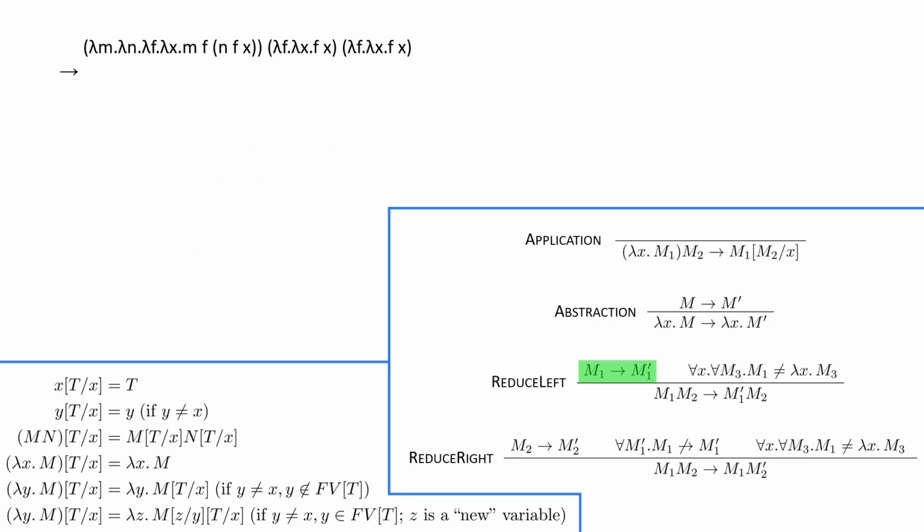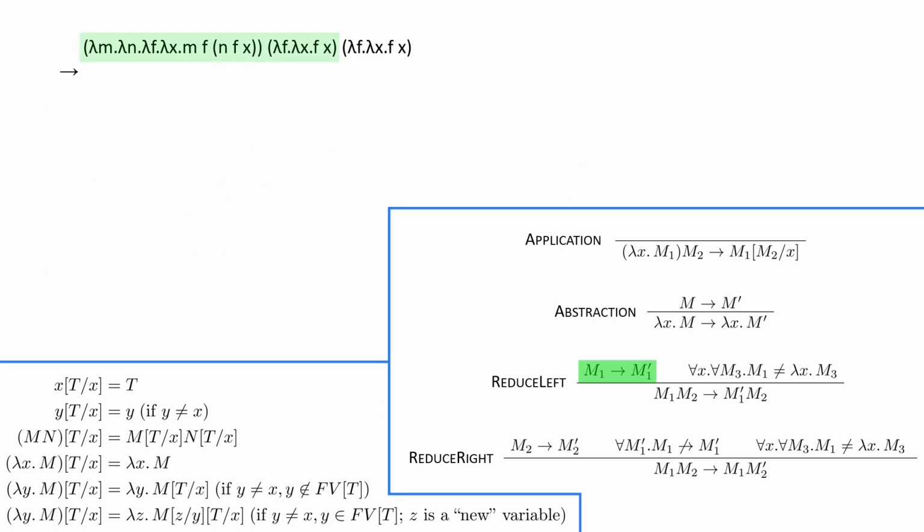That is to say, what this is really saying is that there exists some M1 prime such that M1 reduces to that M1 prime. In other words, all we're saying here is M1 is reducible, and specifically it reduces to M1 prime.